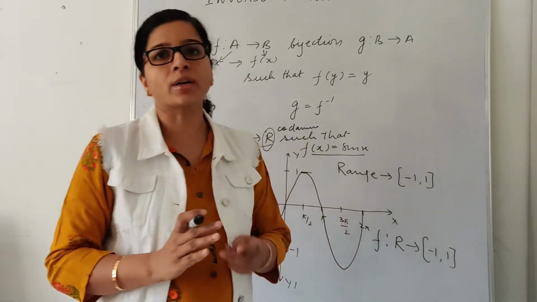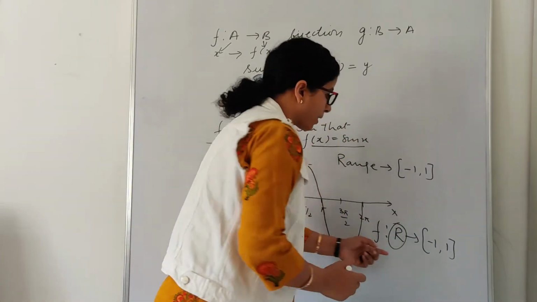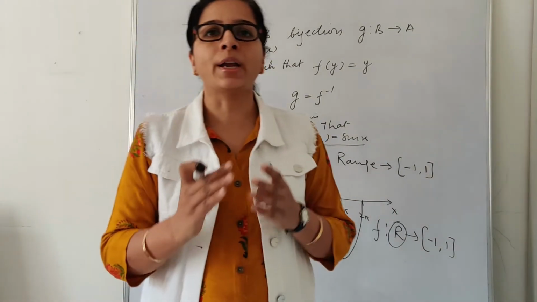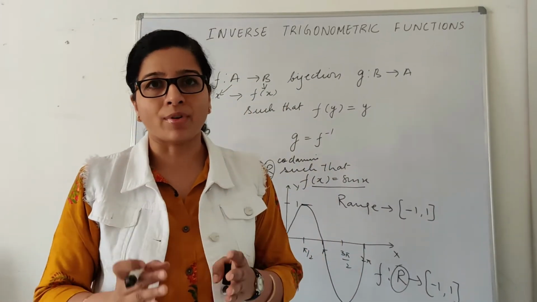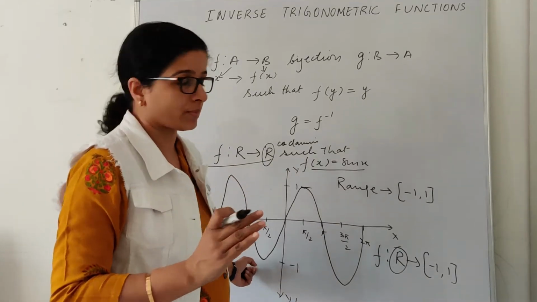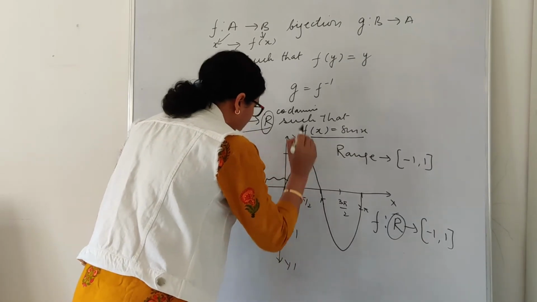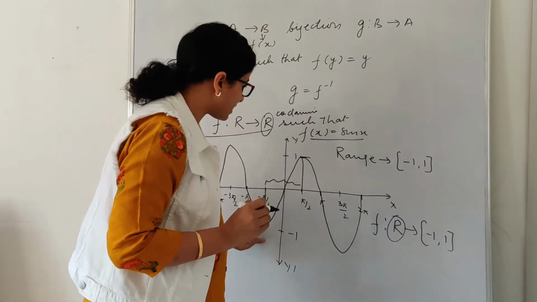If I restrict my domain, what is the domain here now? R. So I restrict my domain to a level where my graph does not turn. Look here, if I take the values from here to here, my graph is not taking a turn.